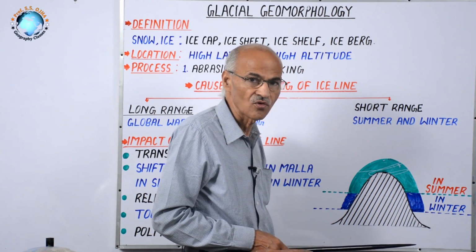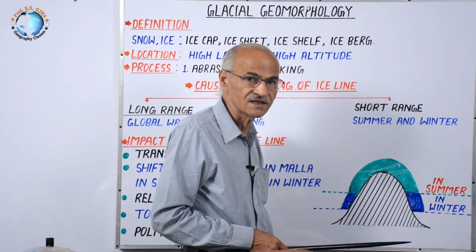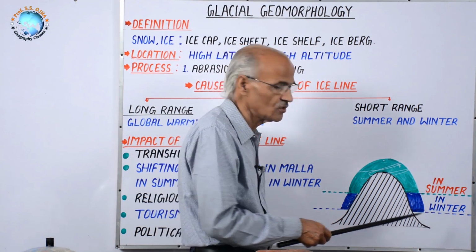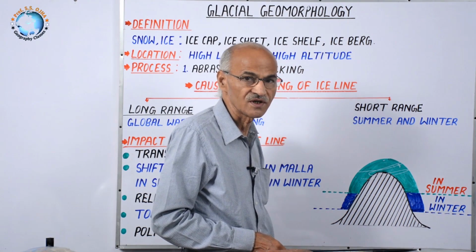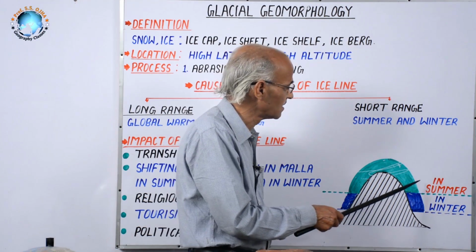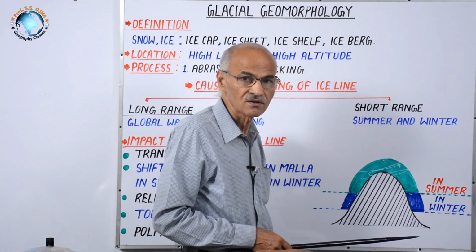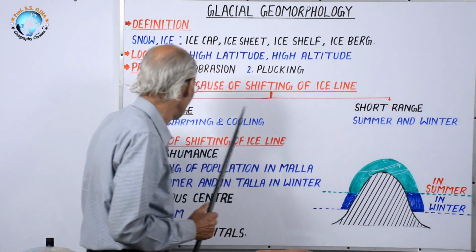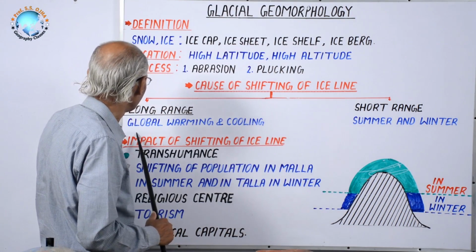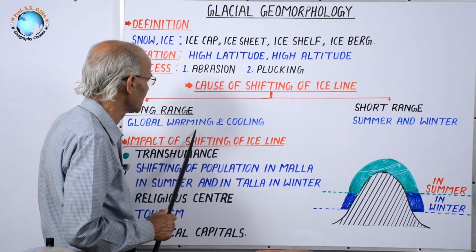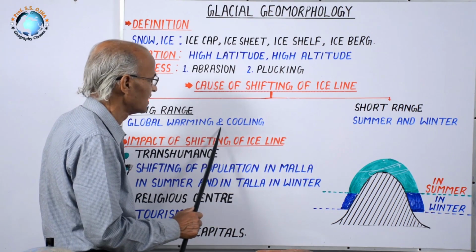For example, over the Himalayas, the glaciated valleys and landforms are found up to 2,200 meters above the sea level, while present-day ice line is at over 3,500 meters. So, this is the first cause of shifting of ice line.